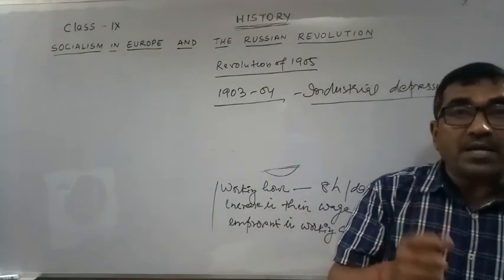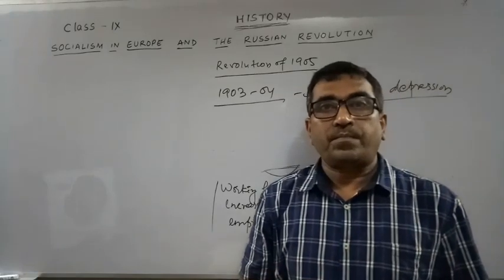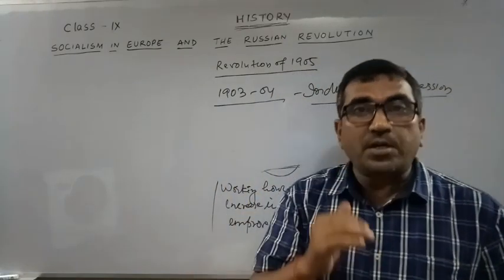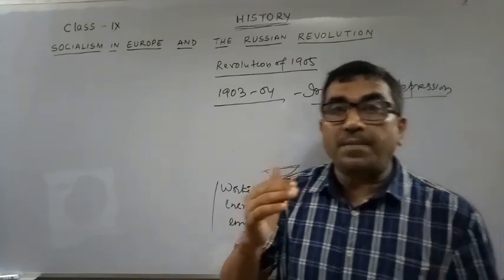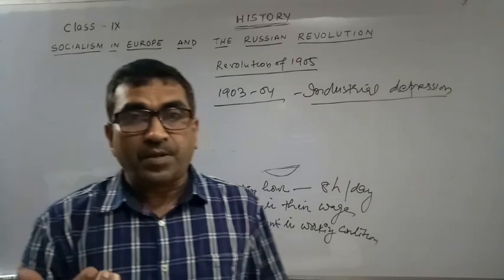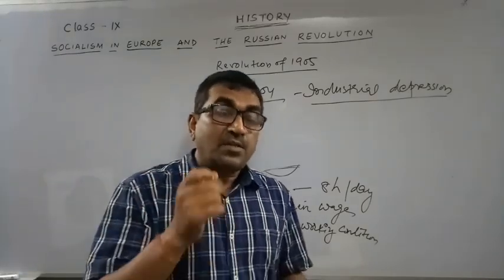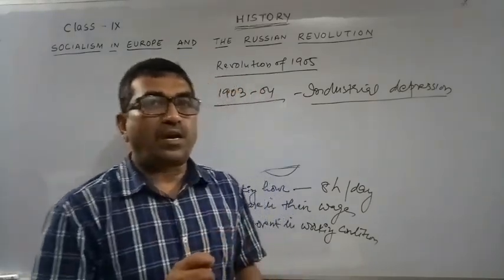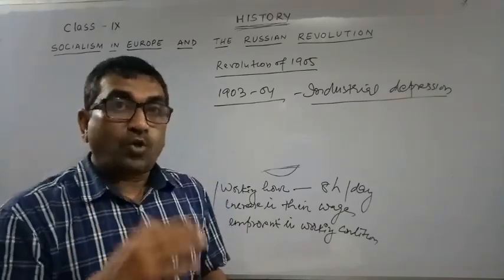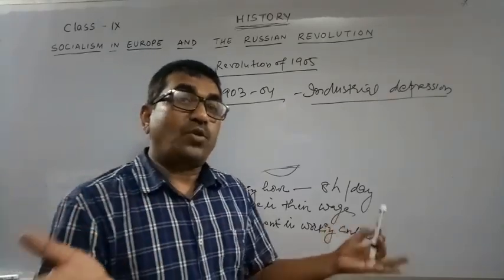So unemployment became common, and the wages came down. At the same time, the prices of essential commodities increased. When the prices increased, the real wages of the workers actually decreased.